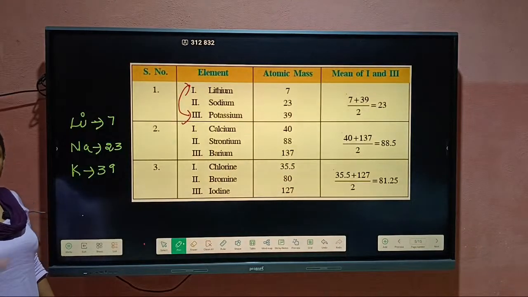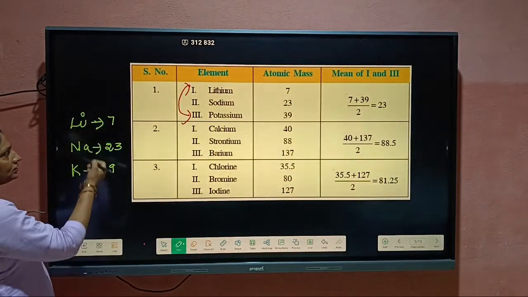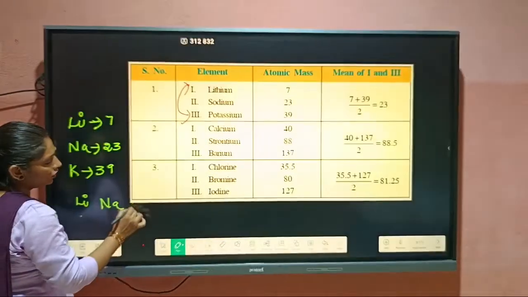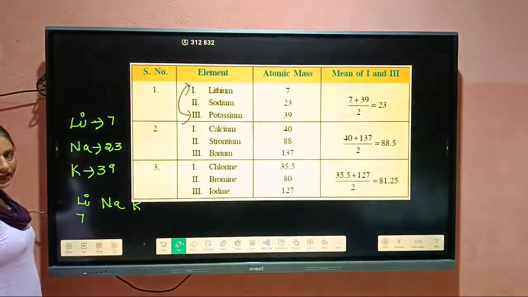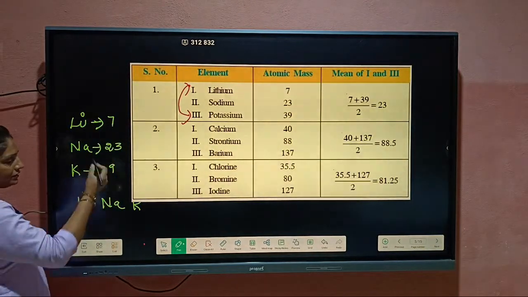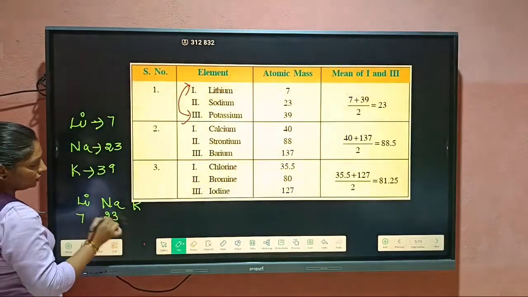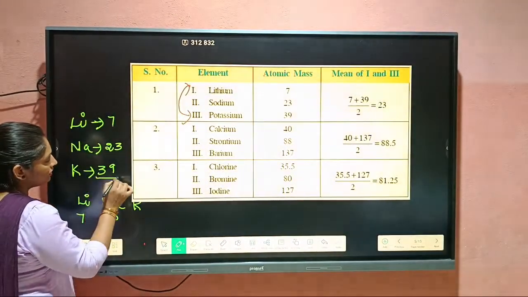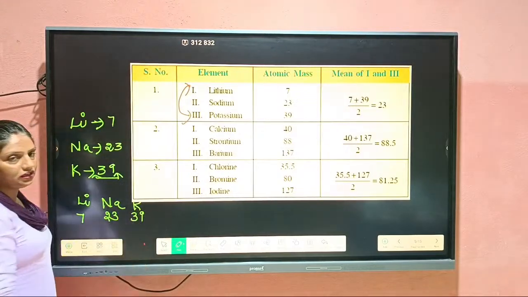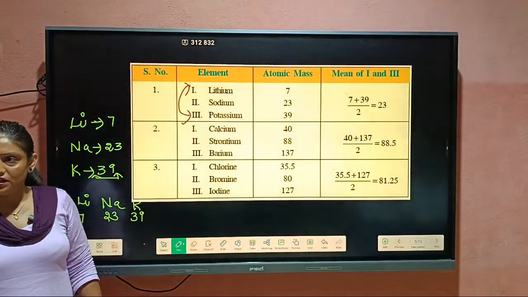So Dobereiner said that if I arrange these elements in order of their increasing atomic mass, then lithium has the least atomic mass and potassium the highest among these three elements.